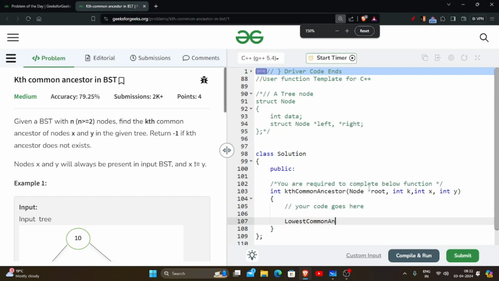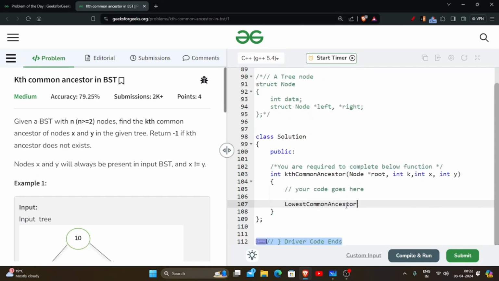I pass root, and since I need to find the lowest common ancestor for x and y, I take it in an LCA. So I will find the LCA.